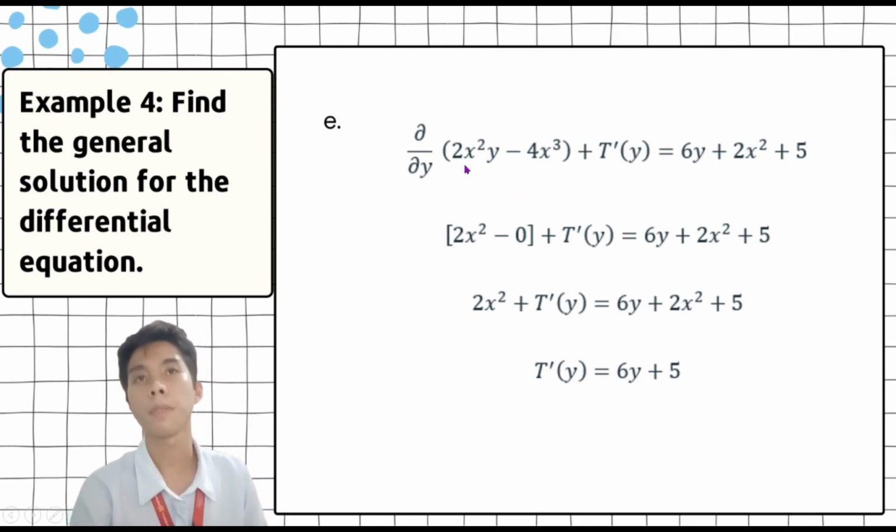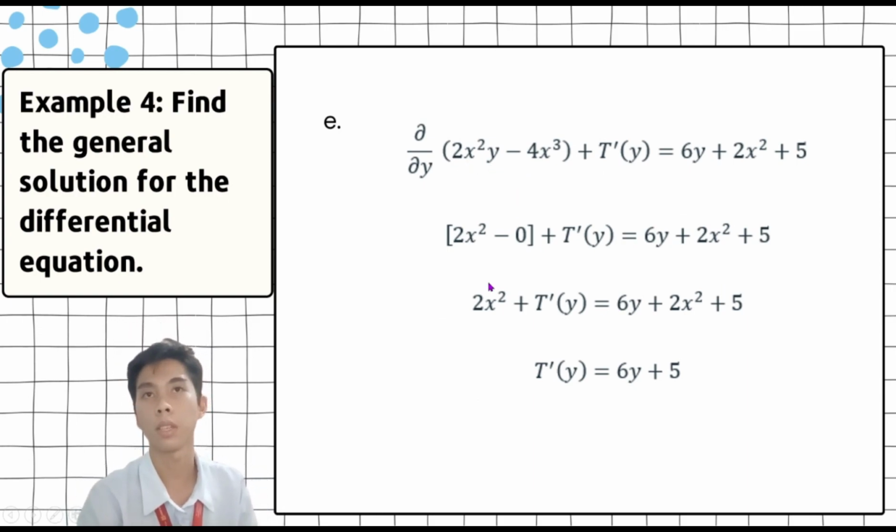The partial derivative of this equation with respect to y is 2x squared, minus the derivative of the constant, which is 0, plus t prime of y, equals the value of our partial derivative of f with respect to y.